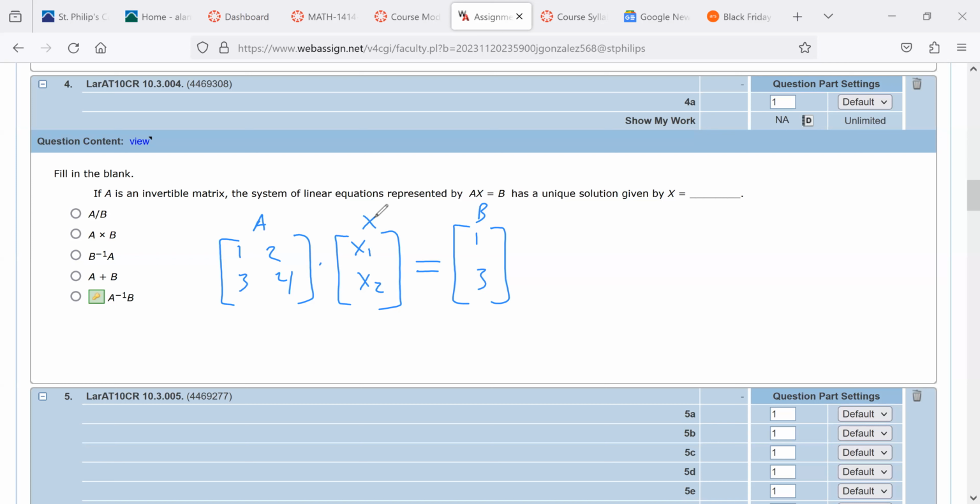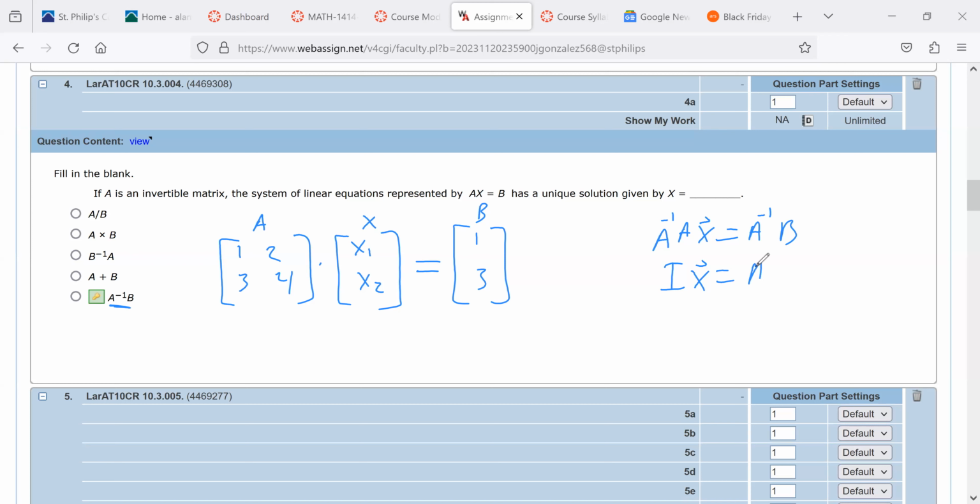So the idea is, if I multiply both sides by A inverse, I'll solve for x. If A inverse exists and I multiply it times A, this would cancel, and it should give me an I. This is a vector.